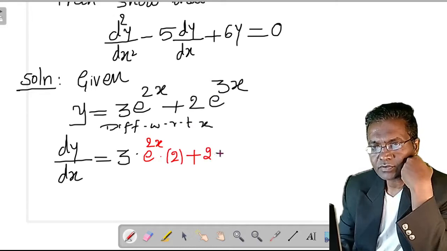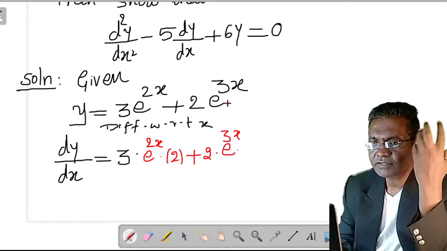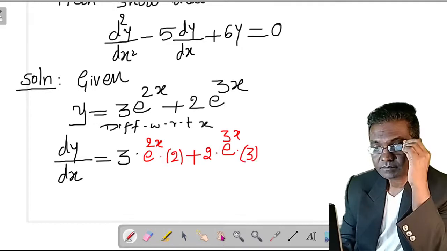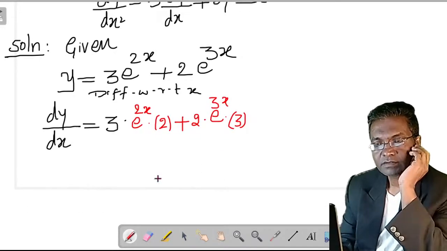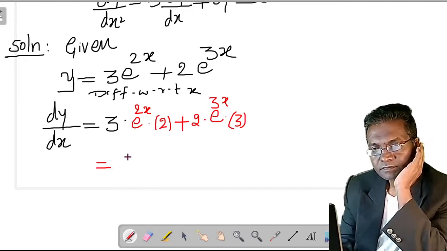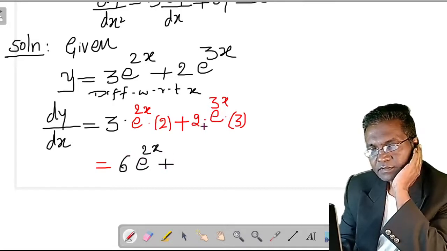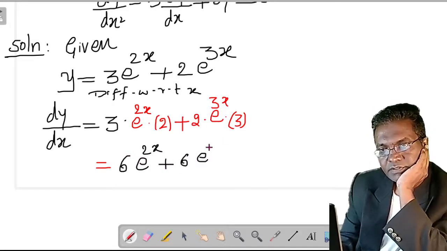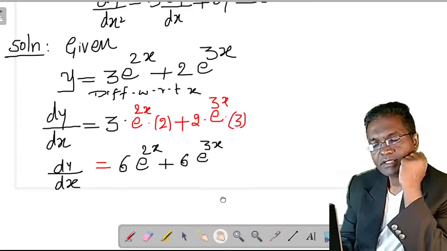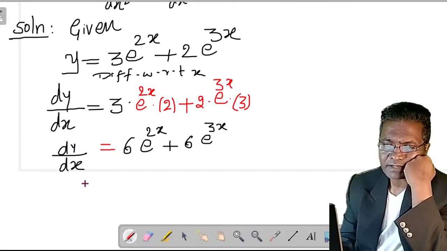Similarly, 2 into e power 3x: the derivative of e power 3x is e power 3x, and the derivative of 3x is 3. So what will we get? 3 into 2, 6 e power 2x, plus 3 into 2 is 6 e power 3x. This is your dy by dx.